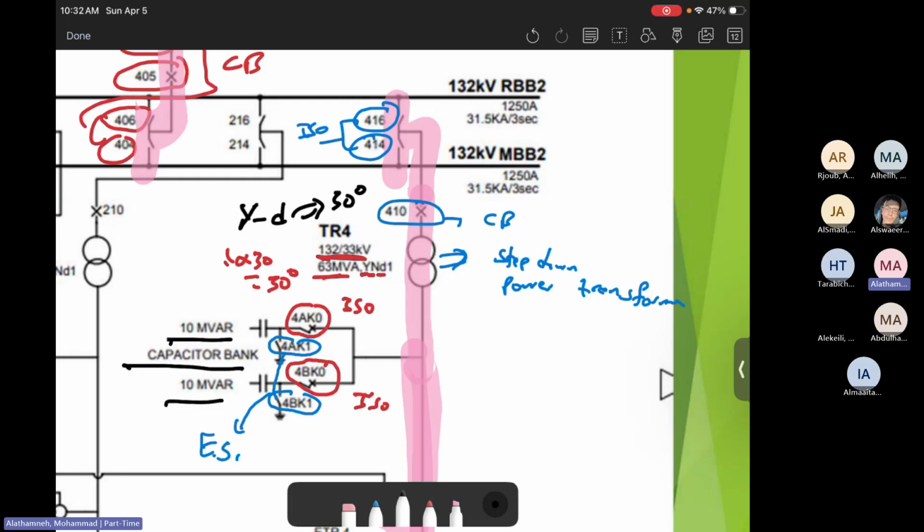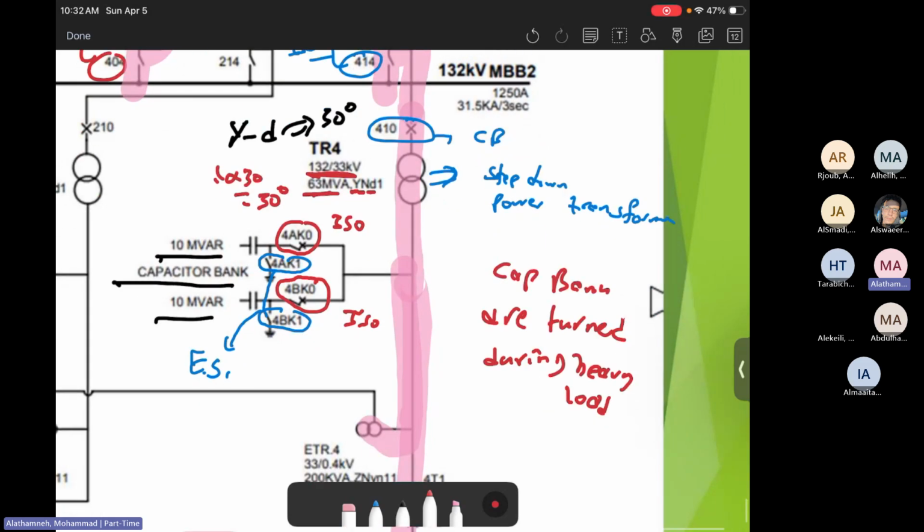So usually the capacitor banks are turned on during heavy load. As we know, our loads, as we discussed previously, are RL loads.